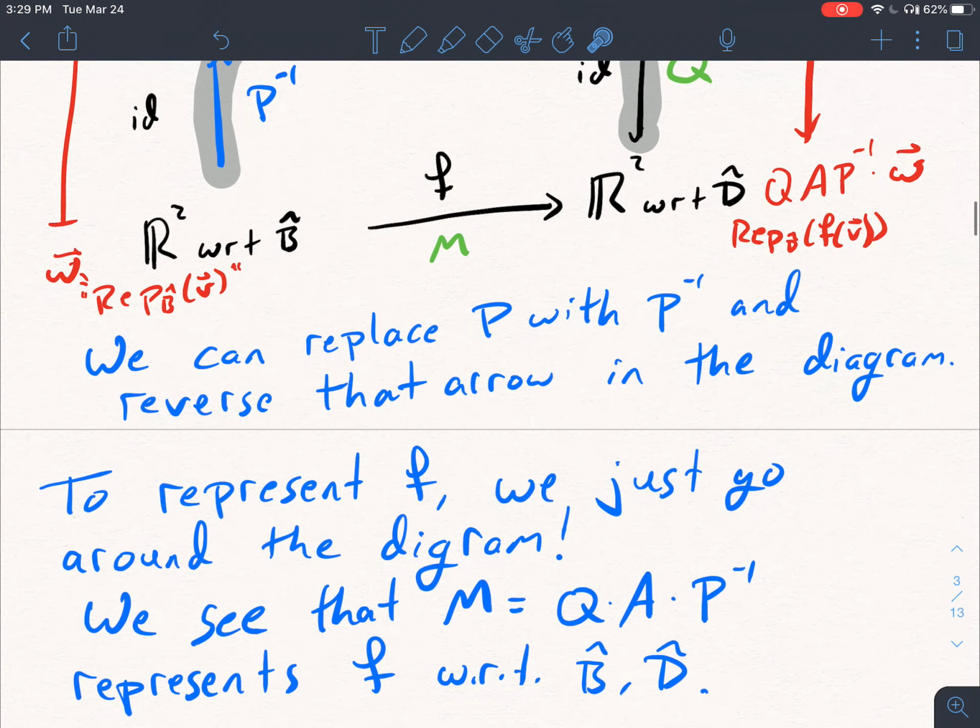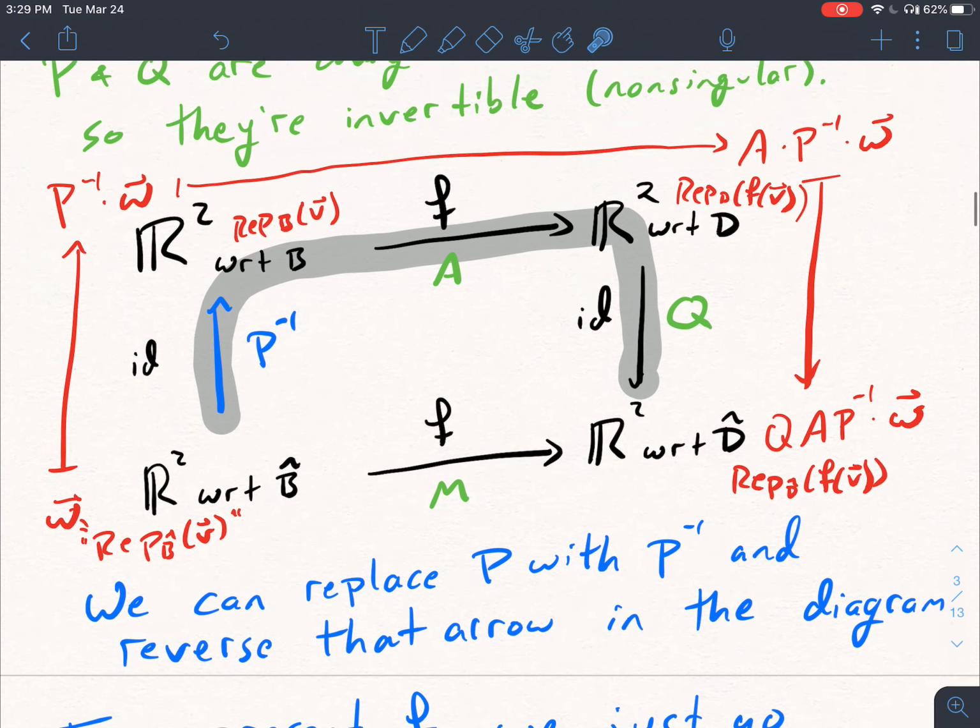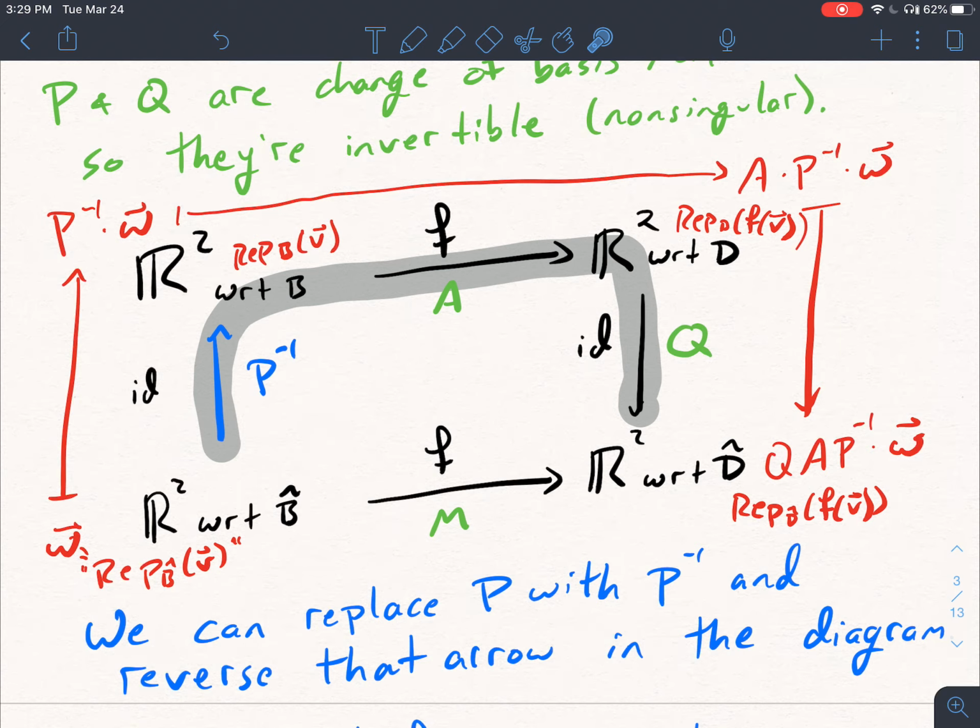And to represent f with respect to B hat and D hat, we can just go around the diagram and multiply our representation by P inverse, then A, then Q. Note that we are reading from right to left here. So our matrix M is not going to be equal to P inverse times A times Q. It's going to be Q times A times P inverse, and that's because we're reading right to left when we repeatedly multiply by a matrix on the left.